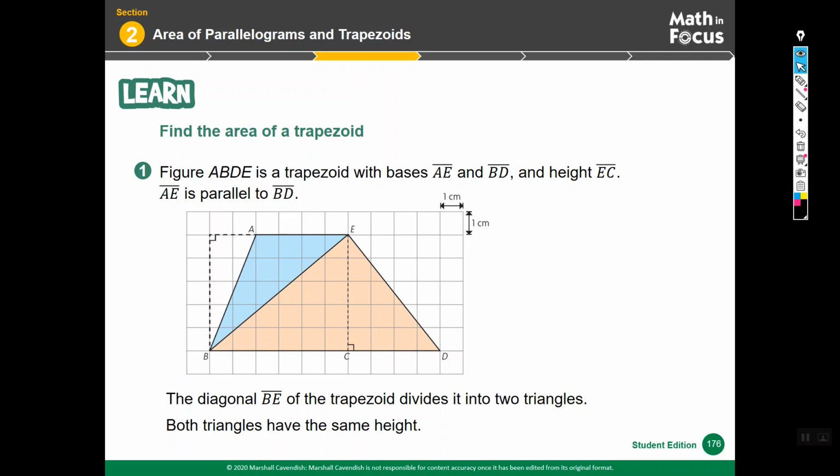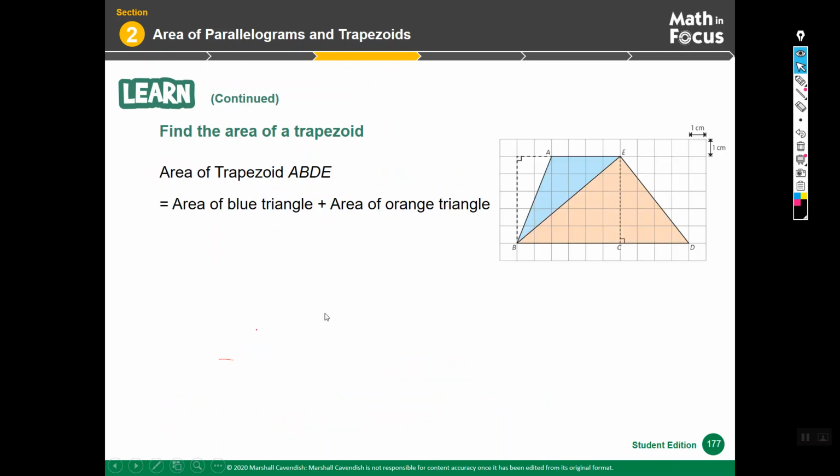As you can see, both triangles have the same height, because the height of this right triangle has to be perpendicular to the base. So you have to extend this over and then go up to that highest point to create that perpendicular height, okay?